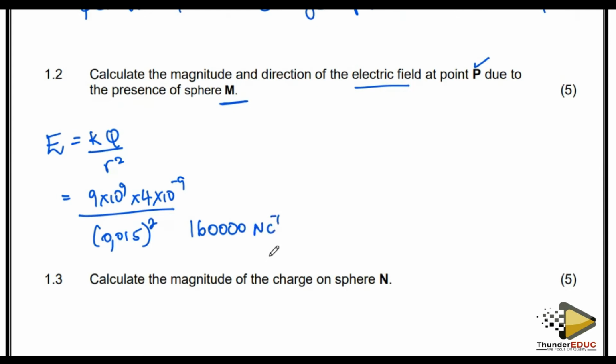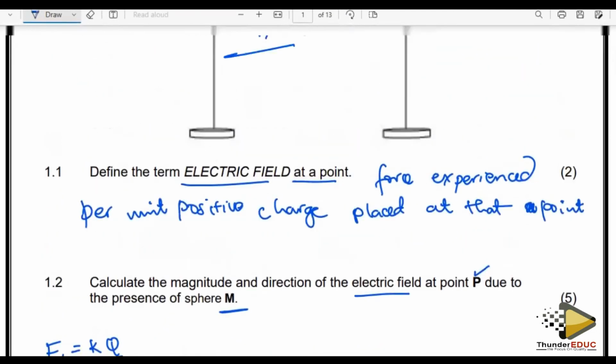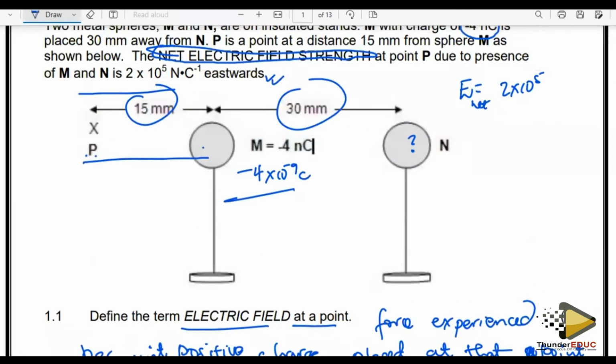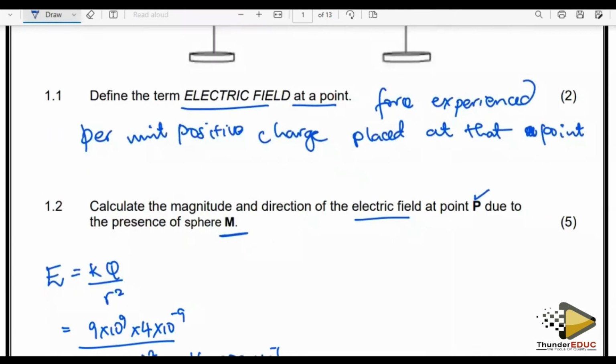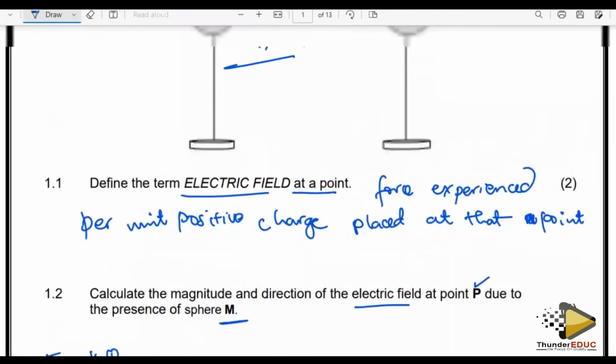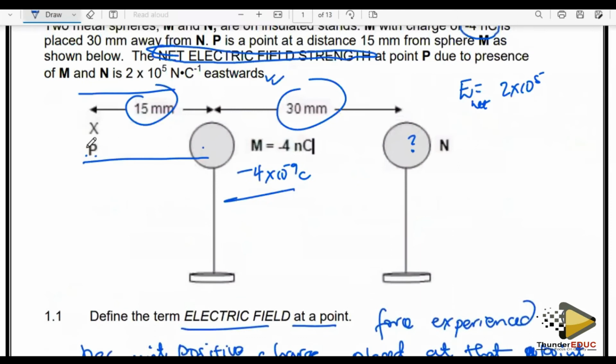Now, which direction is it? So they want the electric field at P as a result of M. Since we're taking this to be a positive one, and then there's a negative, there's going to be attraction.